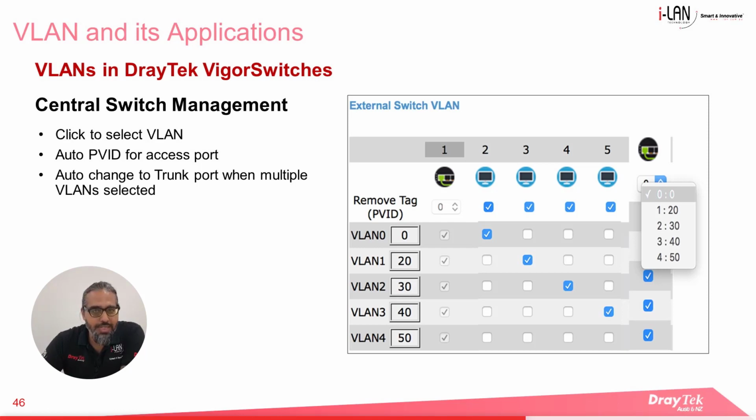It will auto-detect uplink and downlink, and also auto-configure PVID for the access port. Furthermore, it will auto-configure a trunk port when multiple VLANs are selected. The PVID value can be selected from a drop-down menu. We will deep dive into central switch management in a future webinar, where we'll talk about DRATEC switching technologies.